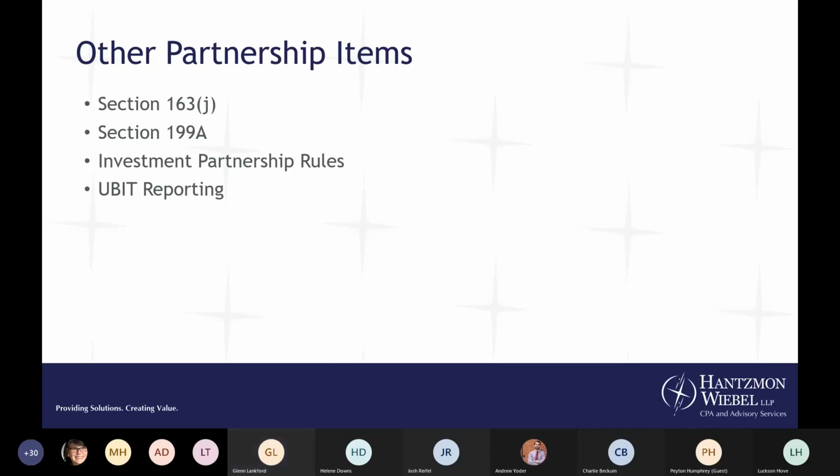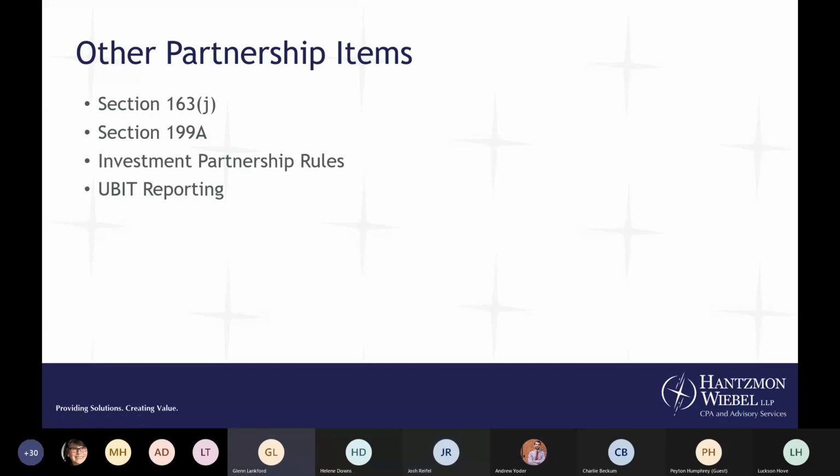Whereas, without recognition rules, I could contribute my $100,000 of General Motors stock to a partnership that has a diverse portfolio, and all of a sudden I've got a diverse portfolio. It's not something you're going to see too often, but it's something to be aware of.